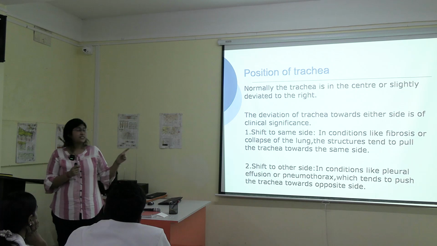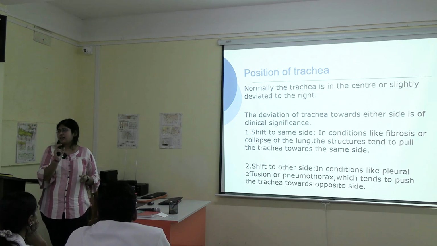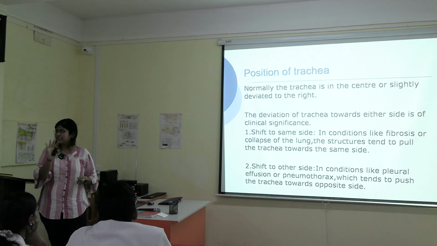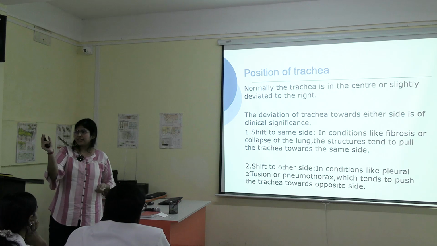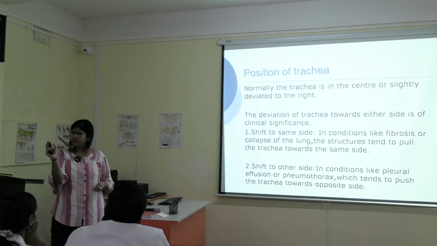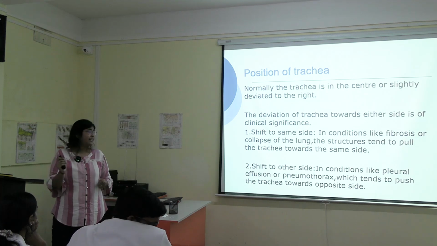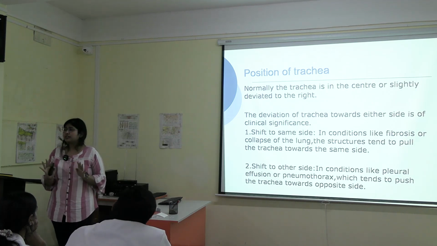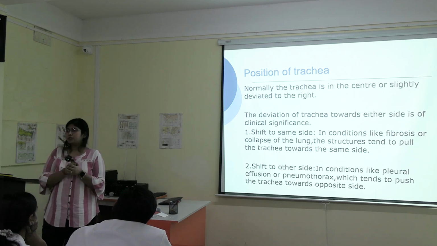But here we are discussing inspection. How do you see it? If the trachea is diverted, you can see it very easily. And slight movement of trachea to the right, that is also normal. Slightly right deviation of trachea is normal. If the deviation is more, then it is problematic.